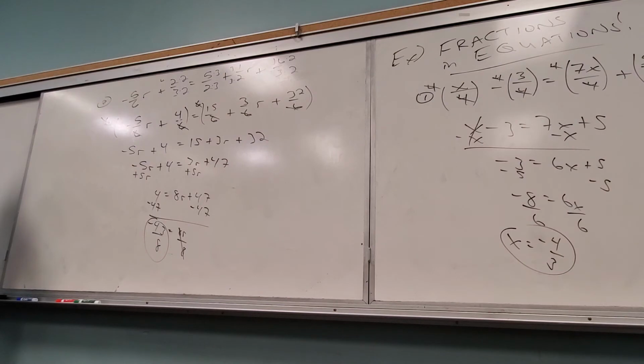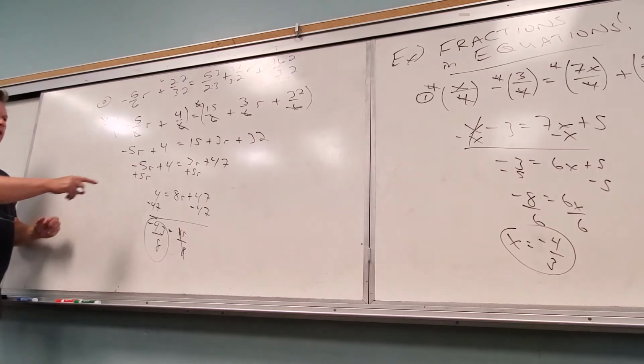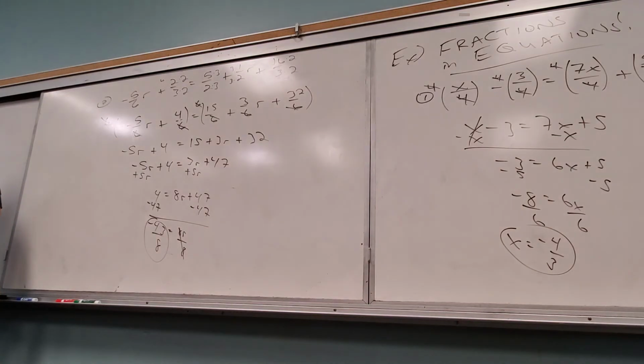I did the minus 3r. Well, if you do minus 3r, then negative 5 minus 3 is negative 8. Same sign you have. I see where you got the 2.